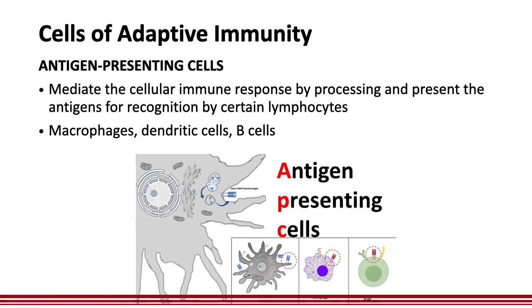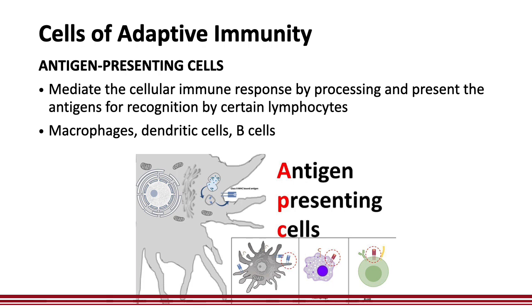T cells recognize specific proteins through the interaction with phagocytic cells known as antigen presenting cells. So, as mentioned a while back, antigen presenting cells gobble up foreign microorganisms and partially digest these organisms.